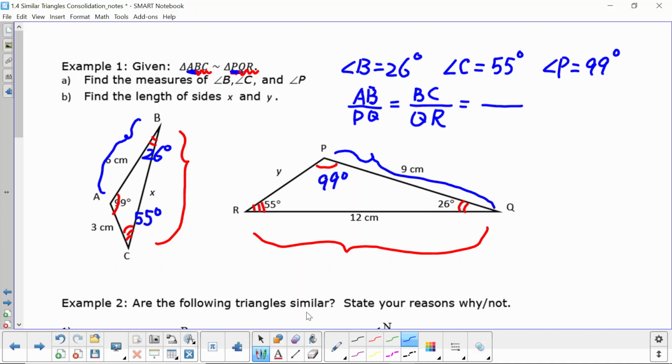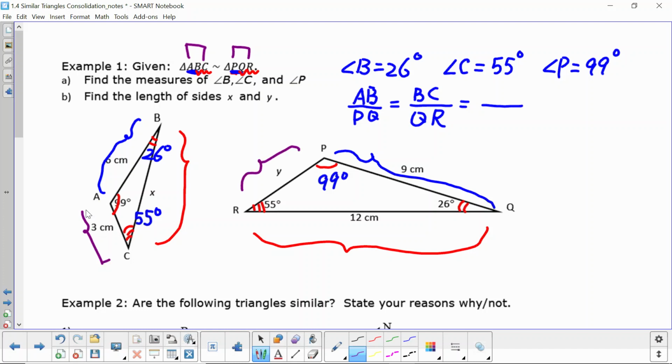Or we could see it from these letters. First and the last is the AC side. First and the last, PR, is this one.